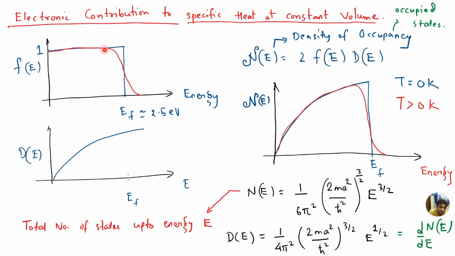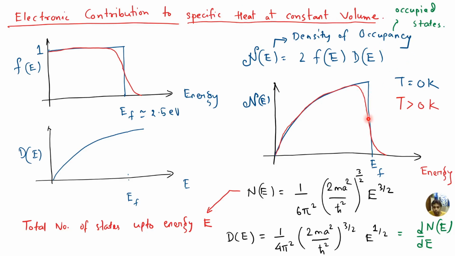So this smearing that you see is of the order of 10 to the power minus 3, or 1000 times smaller than this spacing. So it is a very small fraction of electrons which is actually participating in raising the temperature of the system.